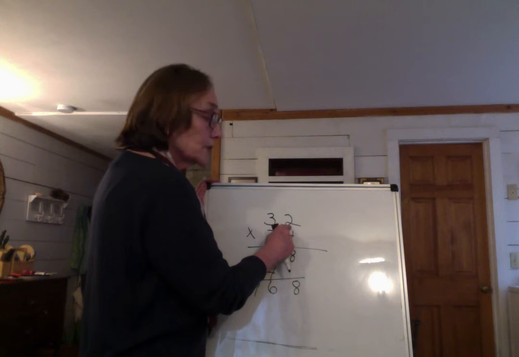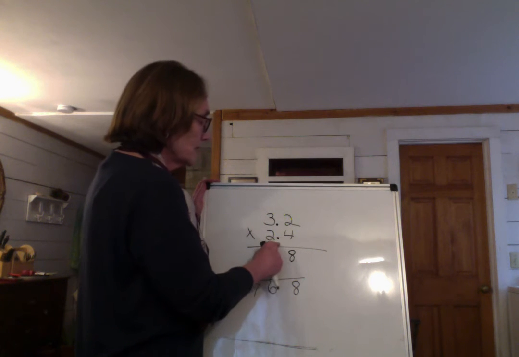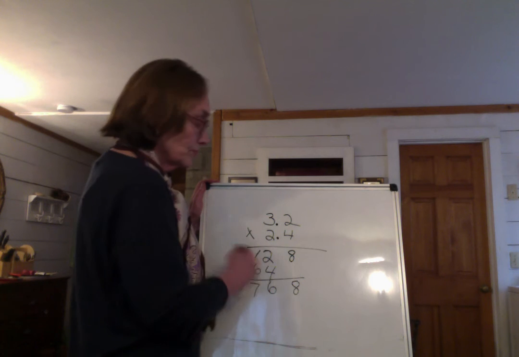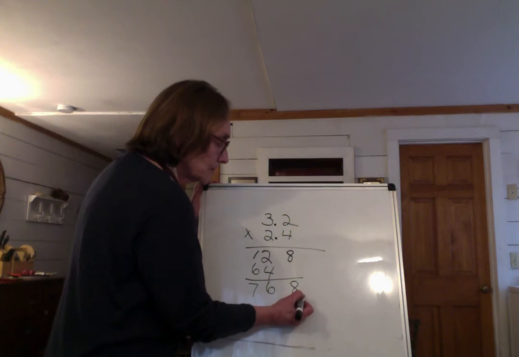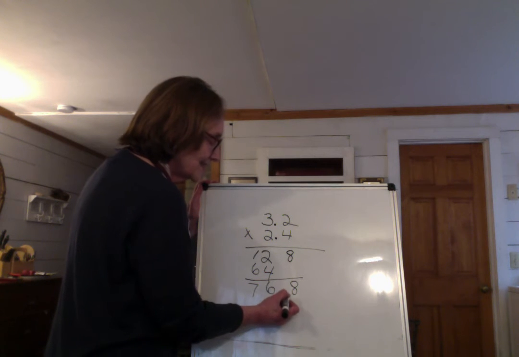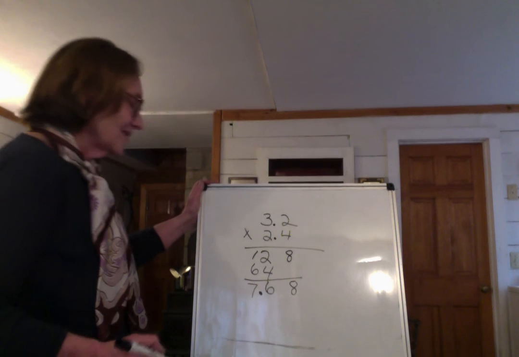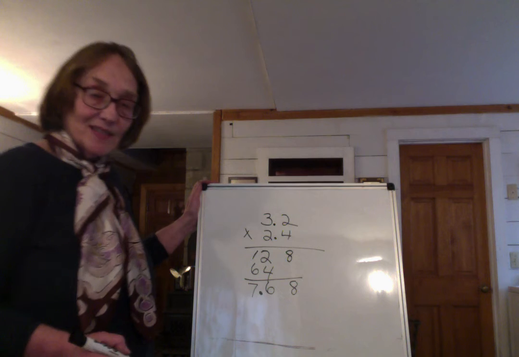I have 1 digit after this decimal point, and I have 1 digit after this decimal point. That's 2. I go to my answer on the right-hand side, and I go back to the left 2 places. 1, 2. Put my decimal point right there. 7 and 68 hundredths. That's my answer.